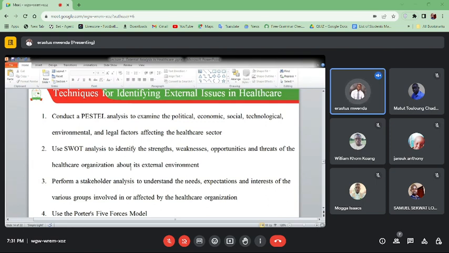Now, when you are doing environmental analysis, we have a number of techniques that we can adopt. For example, what we call the PESTEL analysis. PESTEL is an abbreviation for political, economic, social, technological, environmental, and legal factors. So we are looking at the external environment.